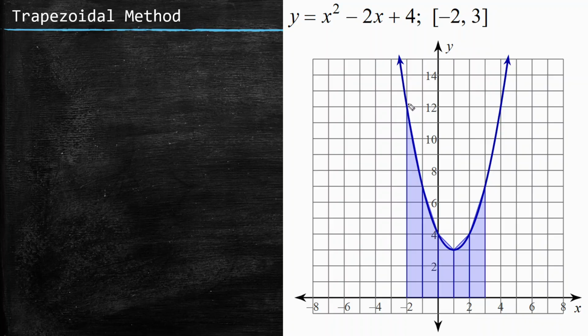So we need to find the endpoints. The graph is going to give us a very good help. It is going to help us find the y coordinates. So that point should be, sorry, that was not 0, 12, that was negative 2, 12.